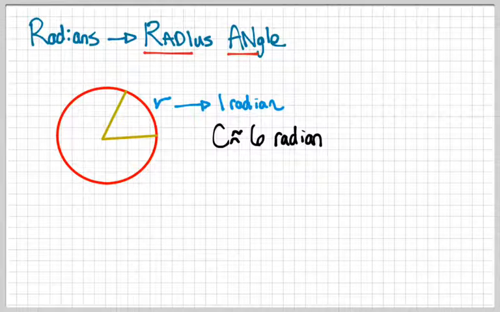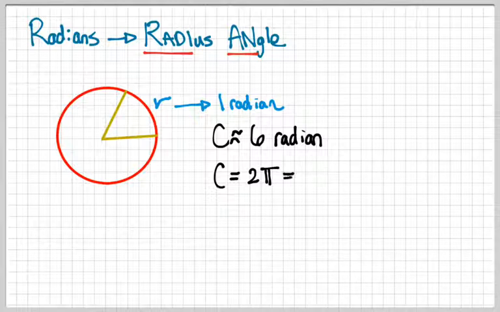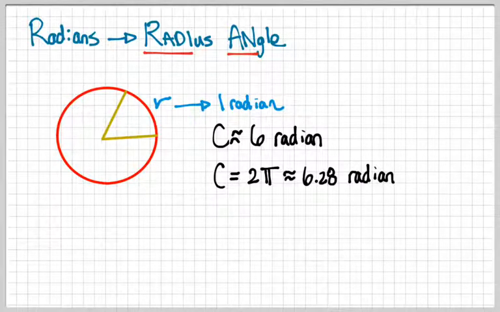When we looked at this further, we saw that C is actually equal to 2 pi radians, because 2 pi is equal to approximately 6.28 radian lengths around. So a lot of you, when you measured with your tape, you got about 6 radians, some a little bit over 6, which was really close to the actual estimate.